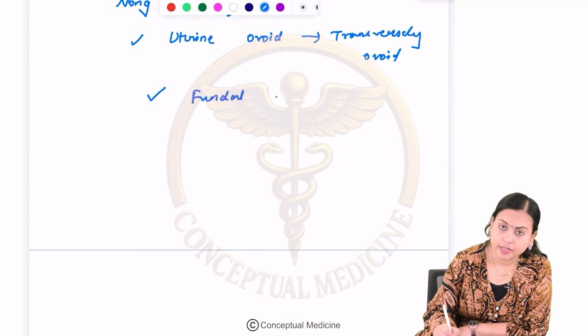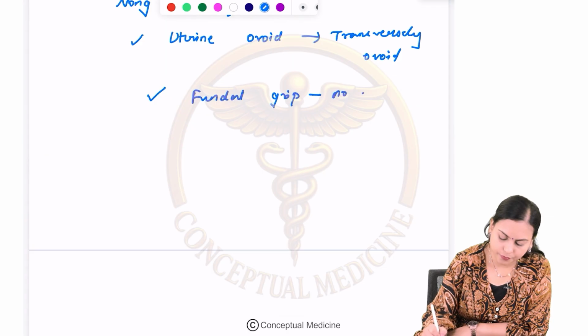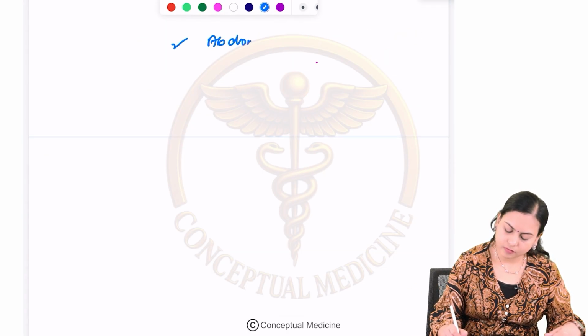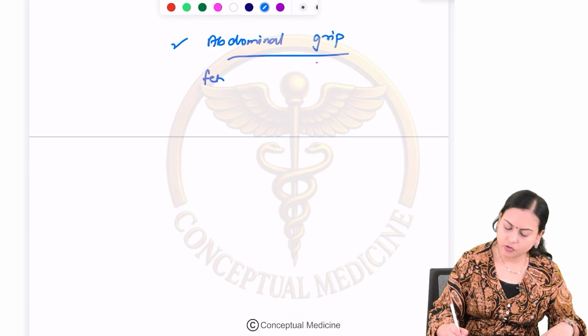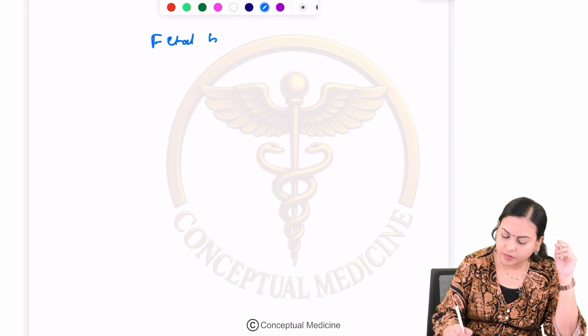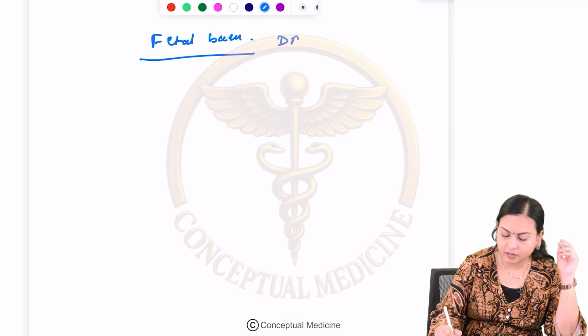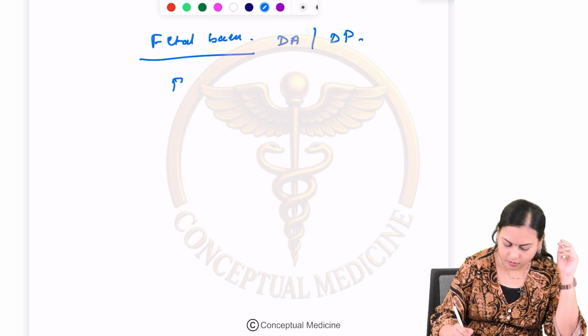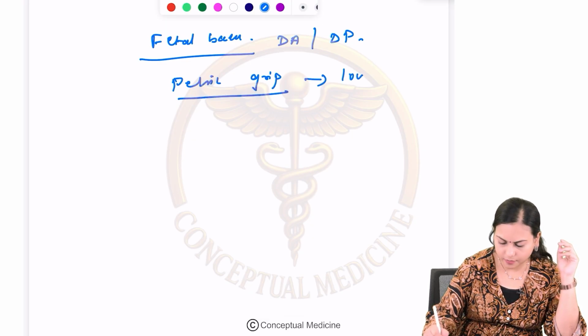While doing fundal grip, no pole is felt, and while doing abdominal grip, the fetal head is on one side of the pelvis. Fetal back can be dorso-anterior or dorso-posterior. And when we do pelvic grip, the lower pole is also going to be empty.